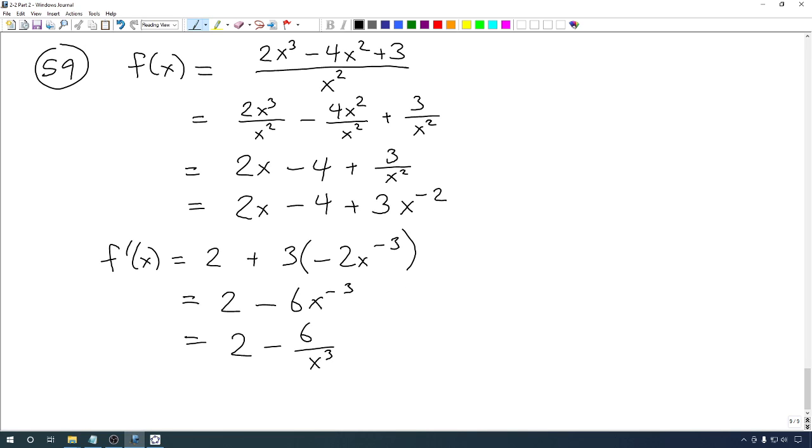But the moral of the story is that derivatives can be really easy if we can turn the function into the sum or difference of powers of x with coefficients in front of them. Unfortunately, we can't do that with every function, but we will get more, again, referencing these rules that we're going to get in 2.4 and 2.5, and we'll be able to do just about any function that we can work with for now.